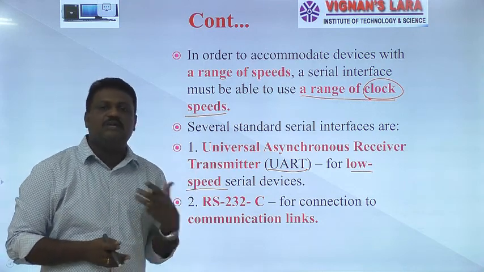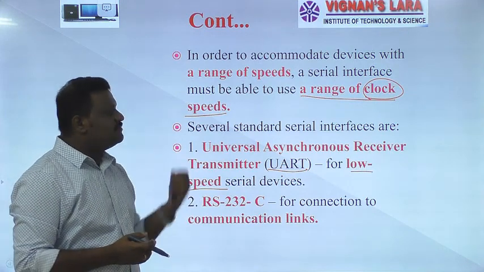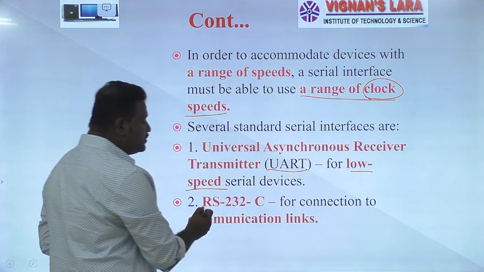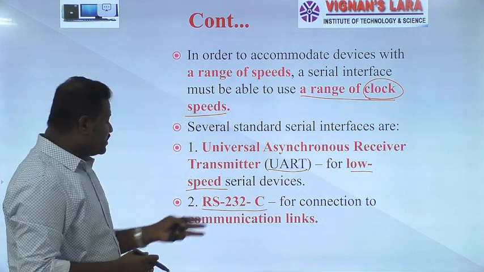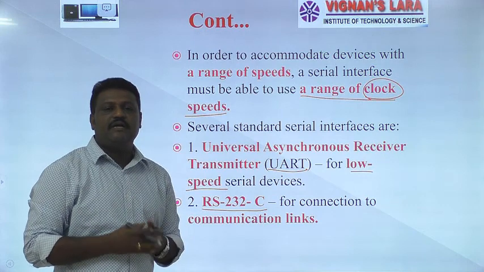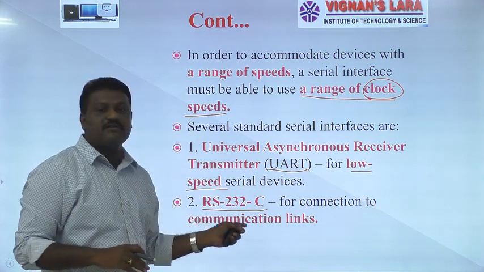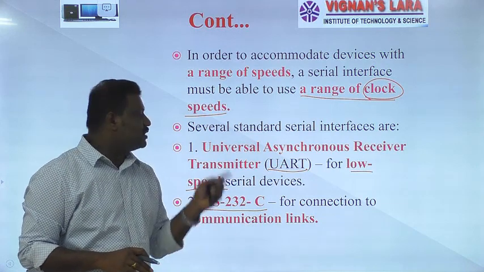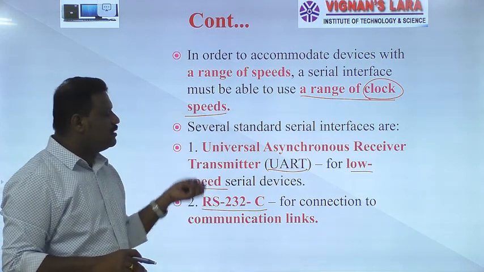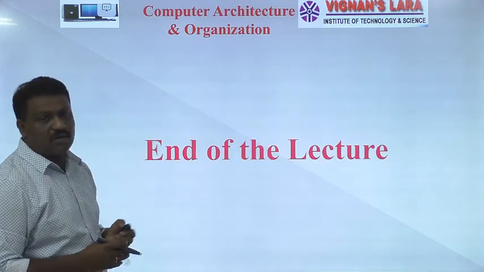And one more standard is RS-232C. This is for connection to communication links. That means here we are using data rates of devices which are somewhat faster. In those cases we use this particular one. So like this, there are two different standard interfaces we have.